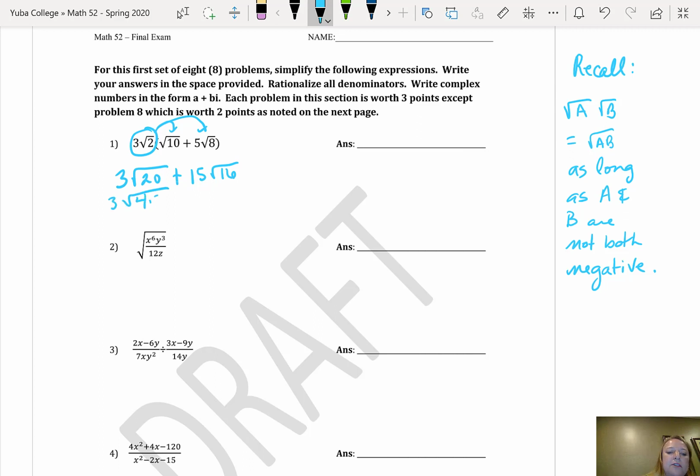And that's the same thing as 3 times the square root of 4 times 5 underneath the radical, plus 15 times, well, the square root of 16, that is just 4. And so we have 3 times, well, the square root of 4 here underneath the radical is 2, root 5, plus 15 times 4. So that is going to give us 60.